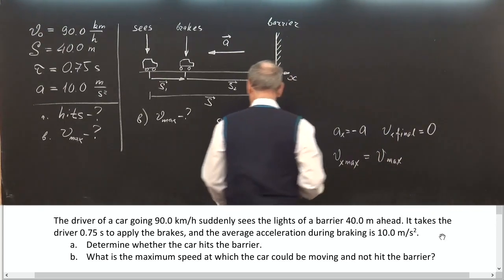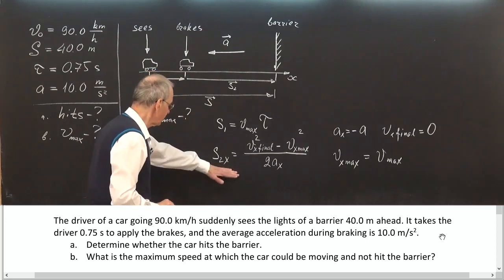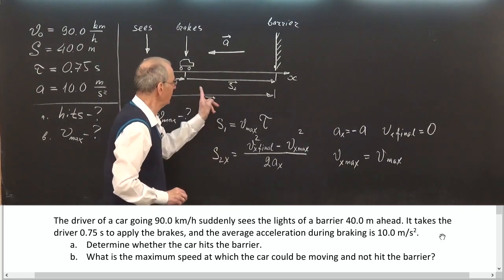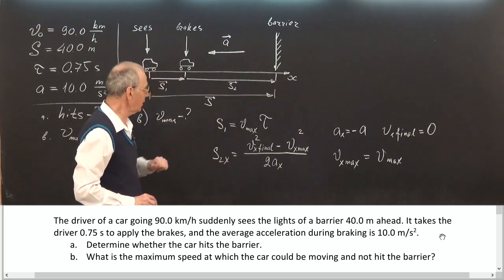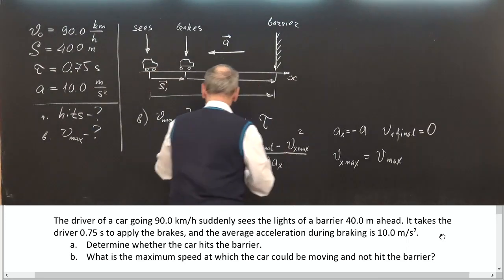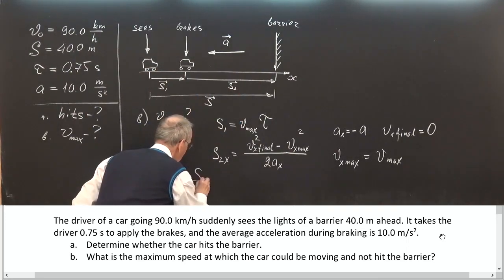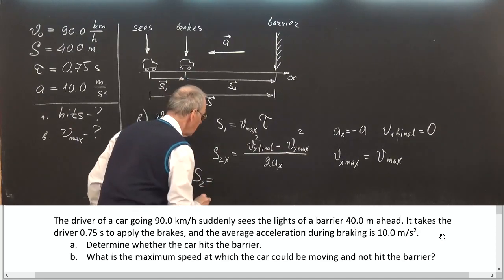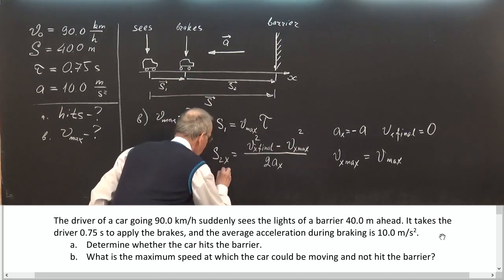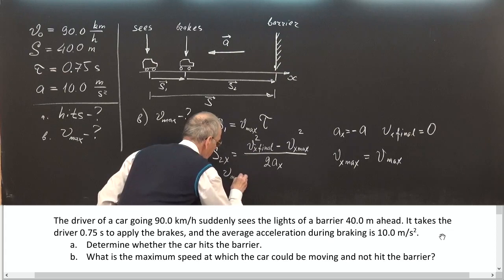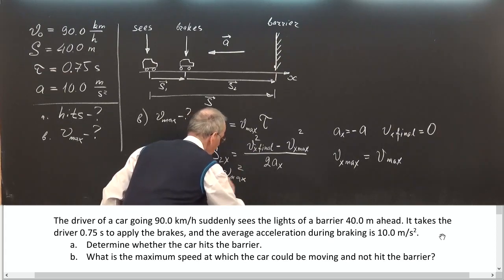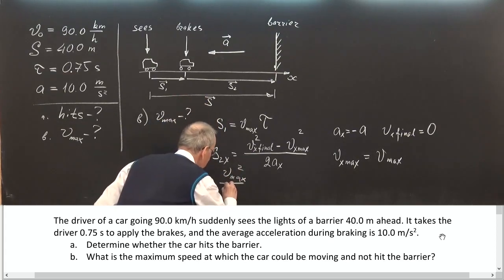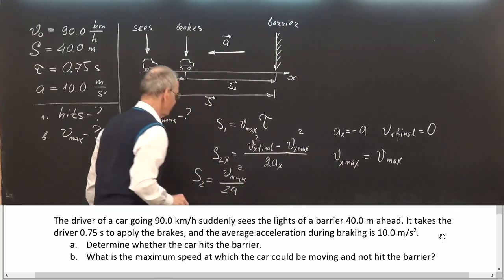So we can write for S2, since S2 is directed along x, S2 equals V max squared over 2a.